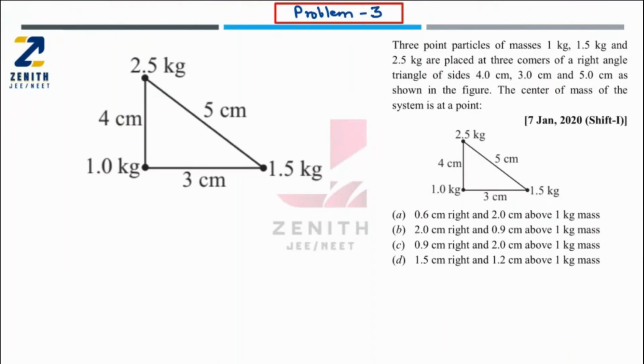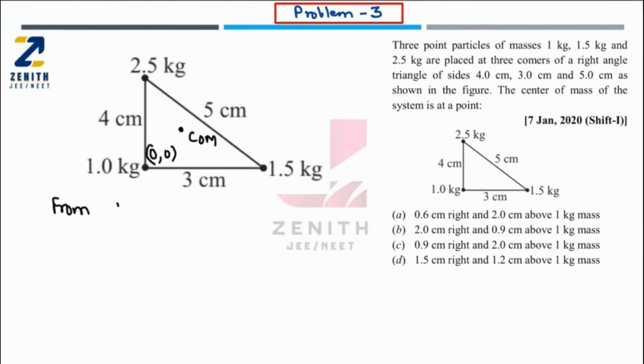Now, if you see the options, you have to locate the center of mass with respect to the 1 kg mass. So you will take the reference as the 1 kg mass. That means this coordinate I am taking as 0, 0. Let us suppose this is the center of mass. I want to locate the center of mass of these three particles.